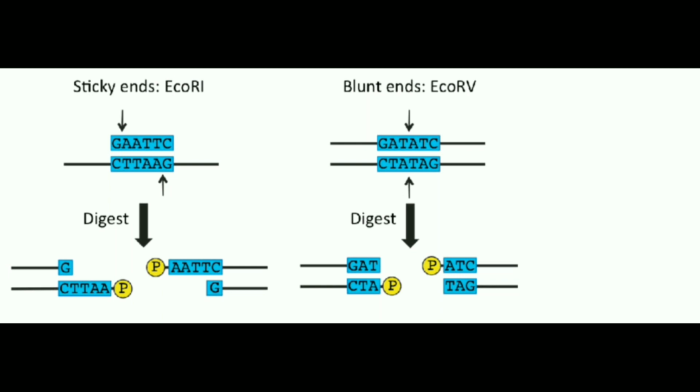Hence, sticky ends are also known as overhangs, whereas blunt ends are known as non-cohesive cutting. An example of a sticky end is EcoRI, whereas an example of a blunt end is EcoRV.